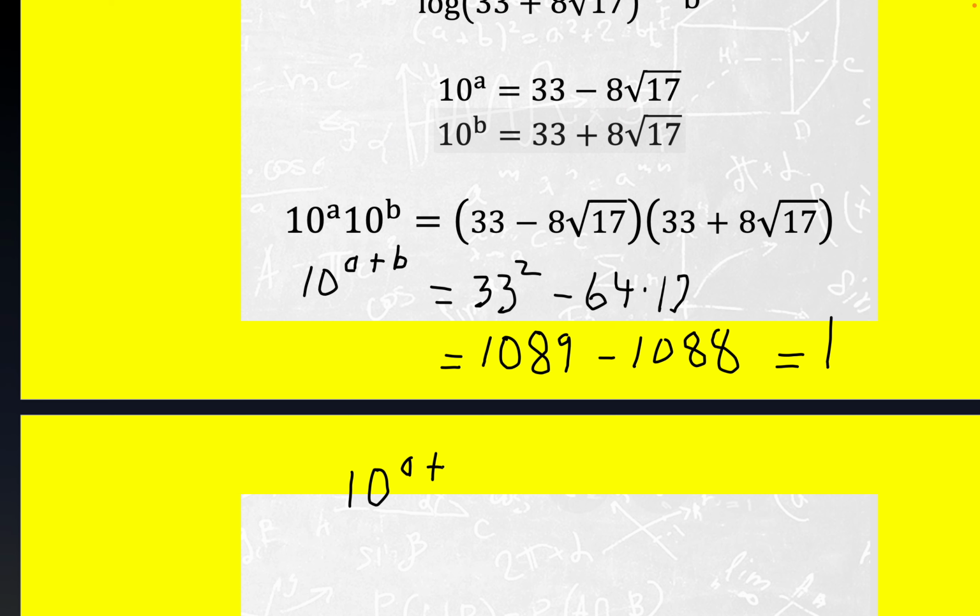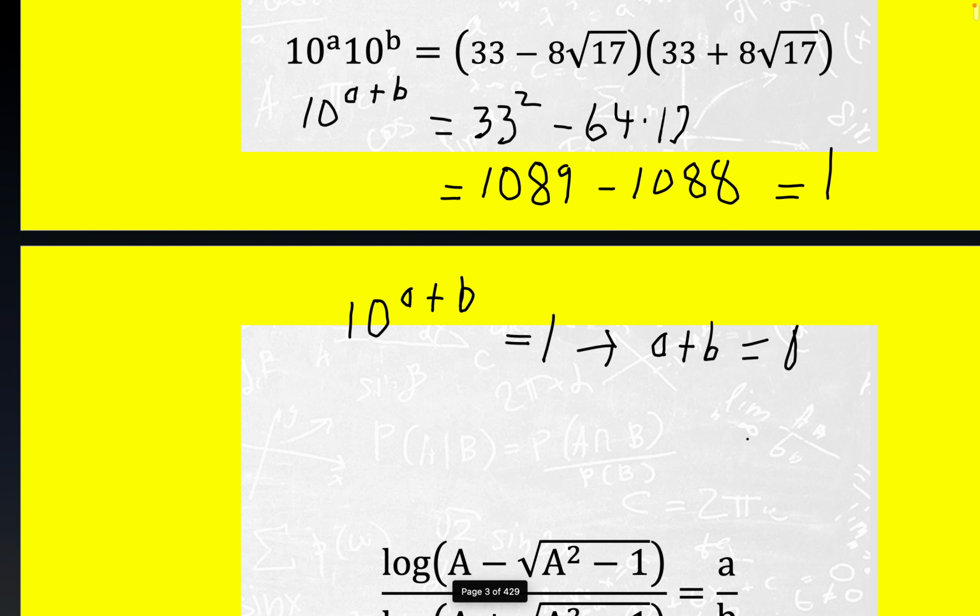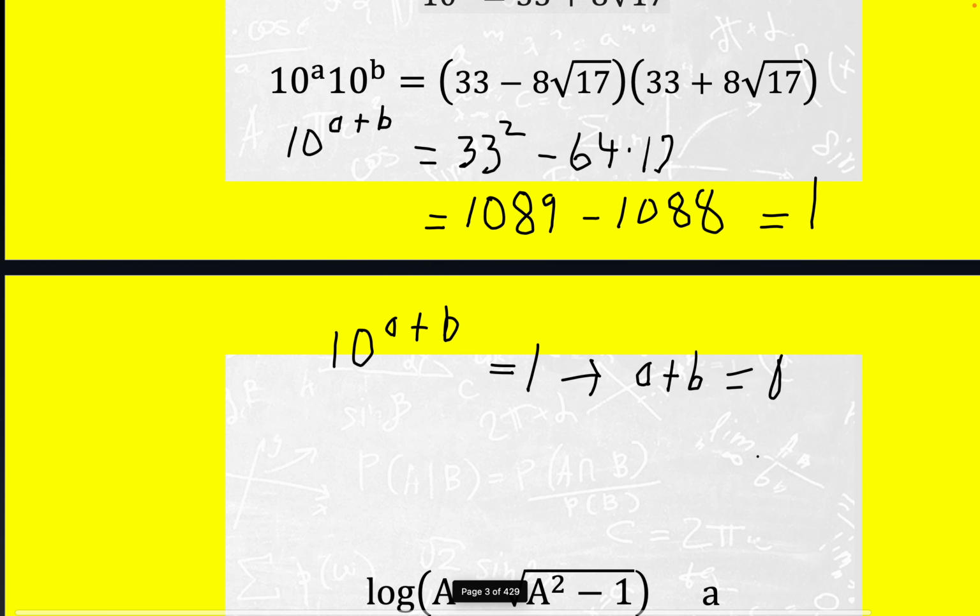Now some of you might be tempted to take another logarithm here, but the only way that this statement can be true is if A plus B is equal to 0, right? Any base raised to the 0 power is just 1. That tells us that A equals negative B.